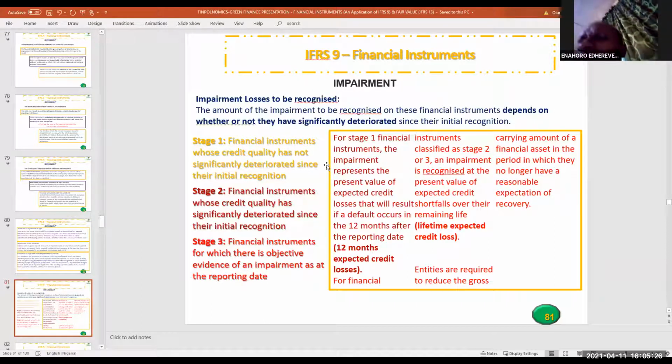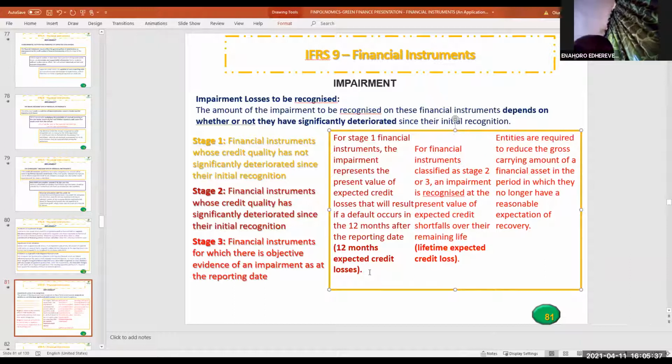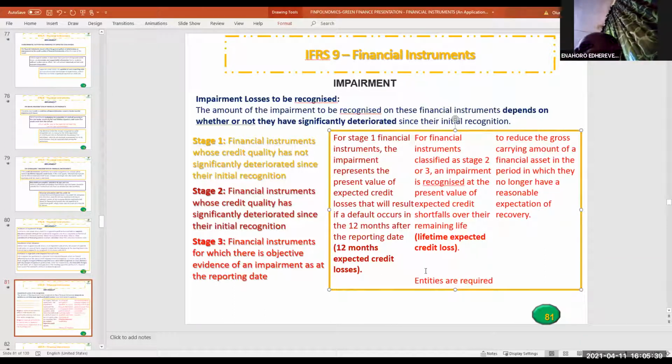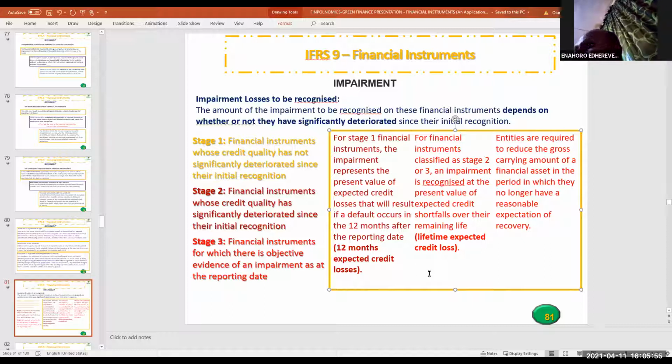They manage it and stabilize it. I think the essence of it is just to make sure that stakeholders, especially those who are depositors or bondholders or whatever, are protected, so the economy will not be in serious jeopardy. That is my little understanding of AMCON.